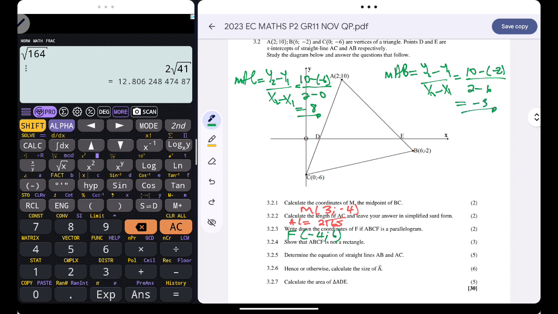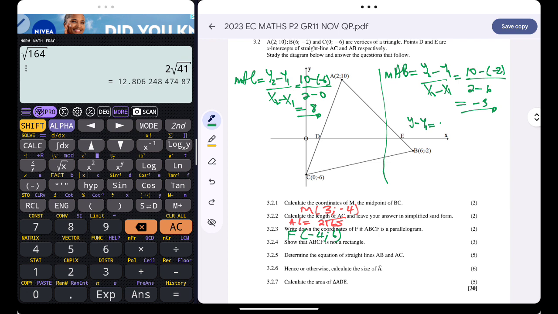So now I have the gradients for both lines. I can simply find the equations then. For line AB, I'll simply say y minus y1 is equal to m times x minus x1, right?